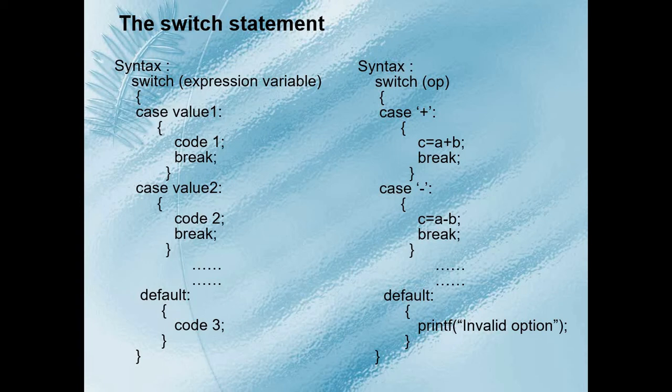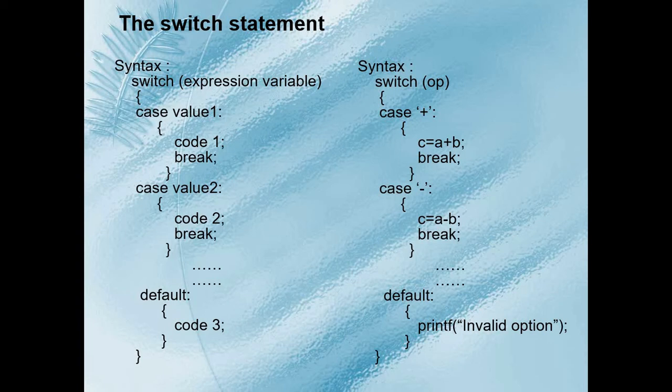So when the user selects plus, it calculates addition. If the user selects minus, it performs subtraction. So here you can see that plus is included in single quotes. Whatever is included in single quotes is considered as a character. So here the variable OP we must declare as character type.